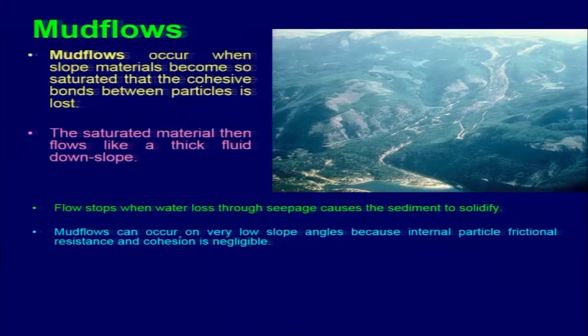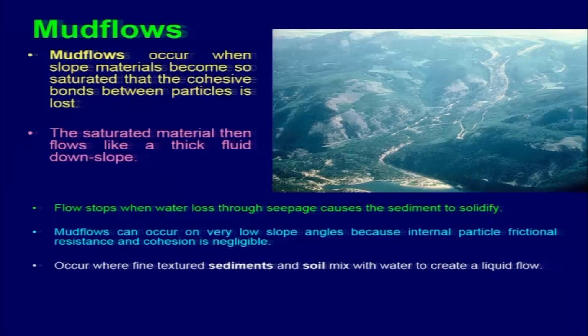Mud flows can occur on very low slope angles because internal particle friction resistance and cohesion is negligible, and this will happen when you lose the cohesion bonds between the sediments. It occurs where fine textured sediments and soil mix with water to create a liquid flow.